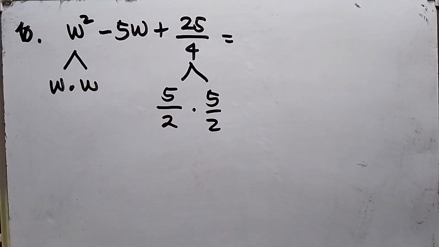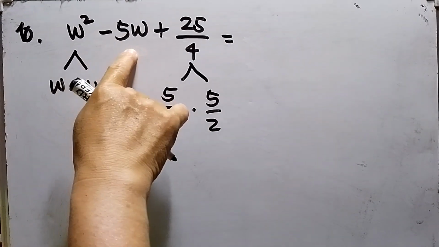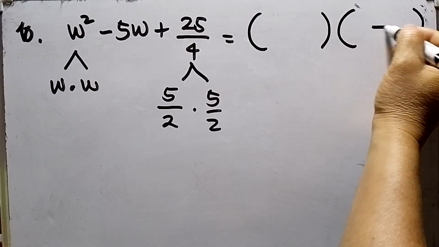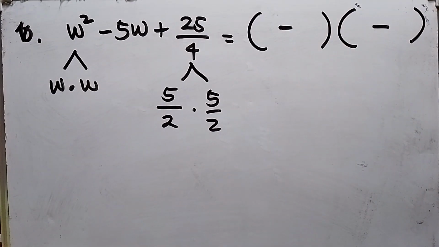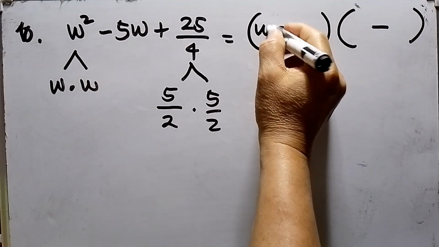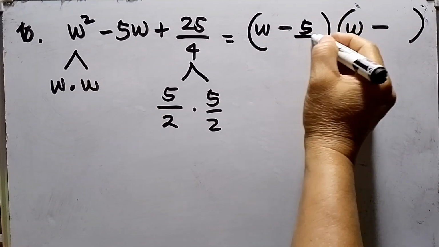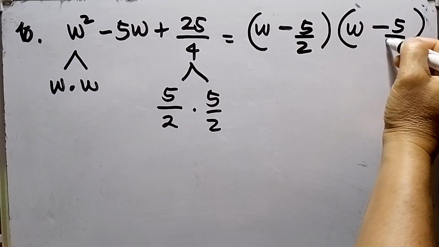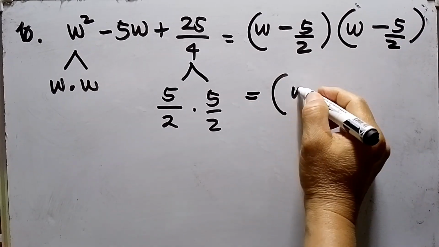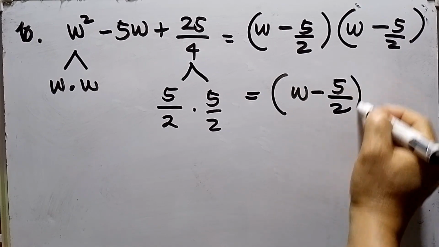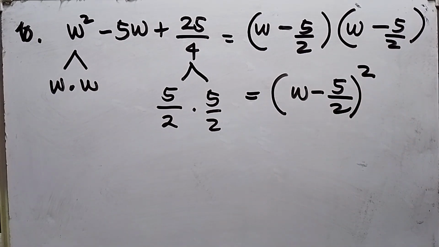So by the way, the middle term has a negative sign, so all the factors are negative or minus. So this will be w, then the second will be w, then 5 over 2, then 5 over 2. So this will be w minus 5 over 2 squared. So that's all for factoring.